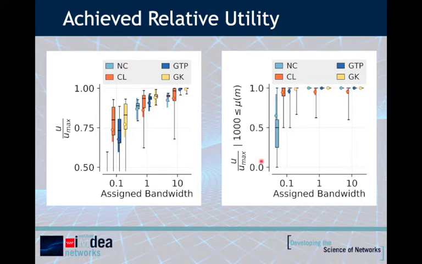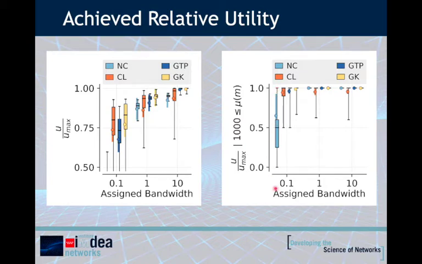However, when we look at how we do with respect to the highest impact messages, as we can see, essentially independently of the assigned bandwidth, we get pretty much all the high impact messages under the three bandwidth restrictions, while the naive strategy doesn't get all of them.